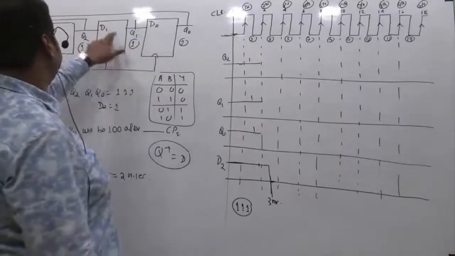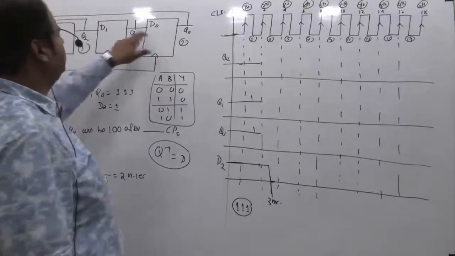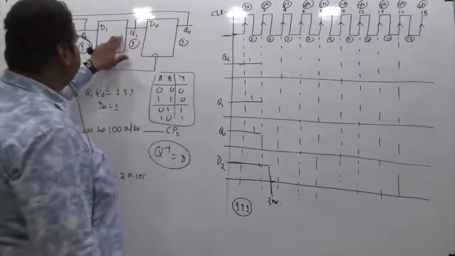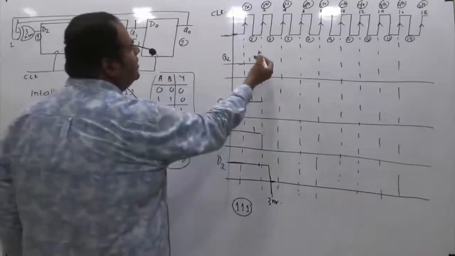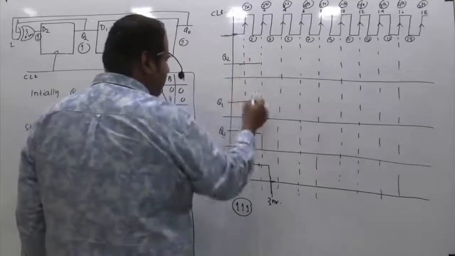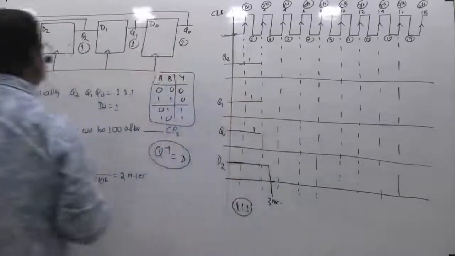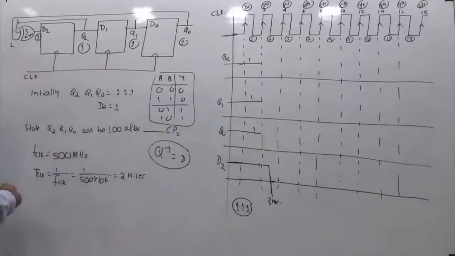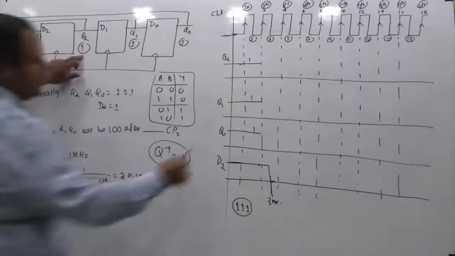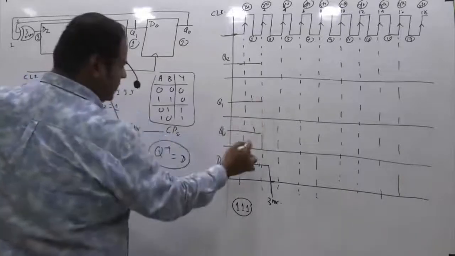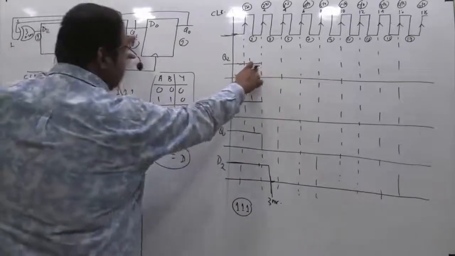D1 is nothing but equal to Q2 and D0 is nothing but equal to Q1. So what we are observing is, just before the second clock, Q2 is 1, Q1 is 1, Q0 is 1. So that means just before the second clock, this is 1 because 0 has not yet come, and this is still 1. You can see here, Q2 is 1 and Q1 is also 1.